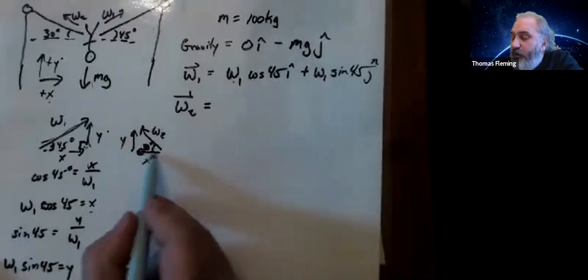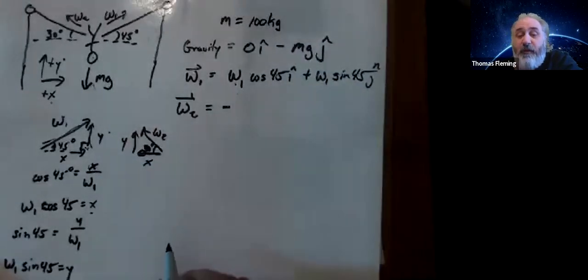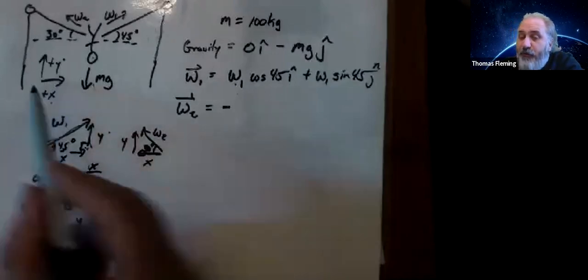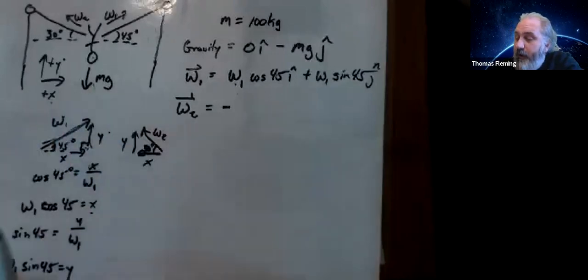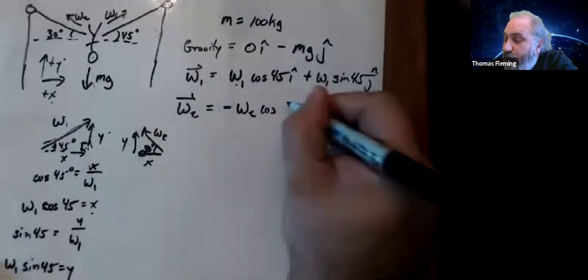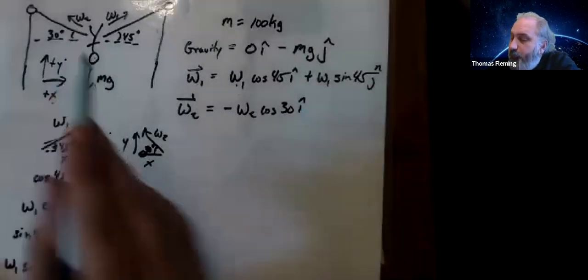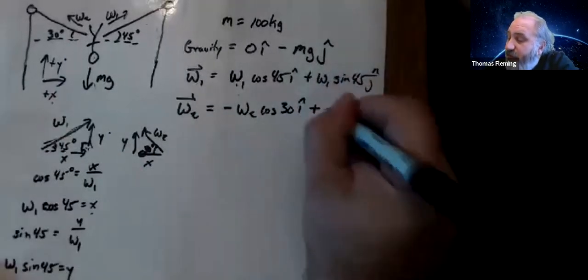Now, because the x part is to the left, I'm going to slap a minus sign on it to reflect the fact that it's to the left, because I said right is positive, therefore left is negative. And this will be W2 times the cosine of 30 degrees. But because the y part is still upward, I'll leave that as positive.